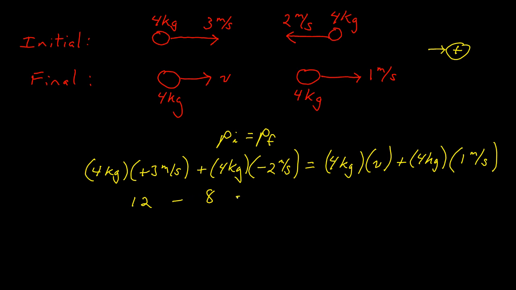So I got 12 minus 8 equals 4v plus 4. And you can see when I solve for v, I end up with 0. So the units didn't matter in the end. Final object is not moving. And you may have seen collisions like this, say, on a pool table.